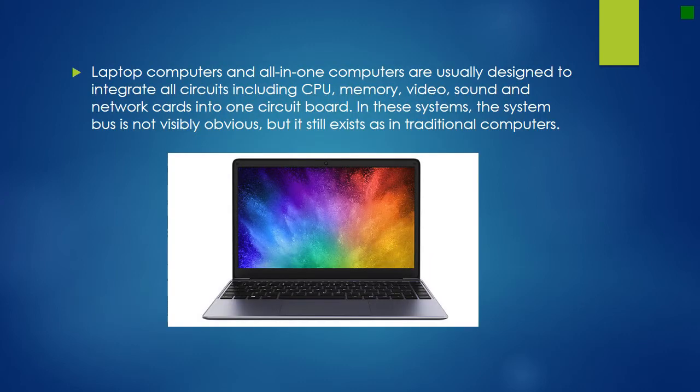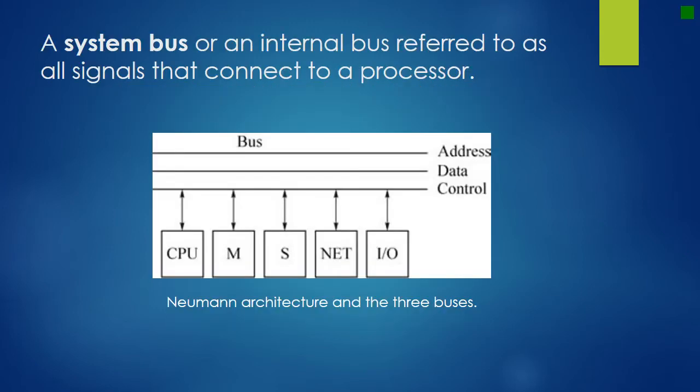Laptop computers and all-in-one computers are usually designed to integrate all circuits, including the CPU, memory, video, sound, and network cards, into one circuit board. In these systems, the system bus is not visibly obvious, but it still exists as in traditional computers.